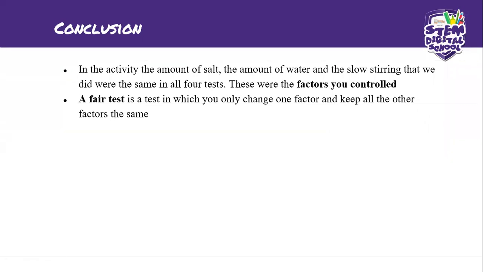This is a test in which you only change one factor and keep all the other factors the same. So remember in our experiment that we did just now, we changed temperature. So that was the factor that we changed, and we kept the amount of salt the same, the amount of water the same, as well as our slow stirring movement the same.